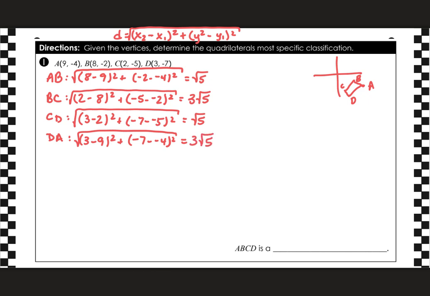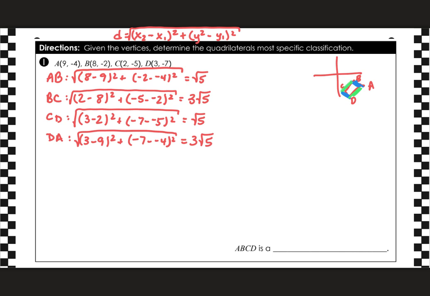All right, so that gives me 2 opposite sides, right? AB was congruent to CD, and then AD was congruent to BC.